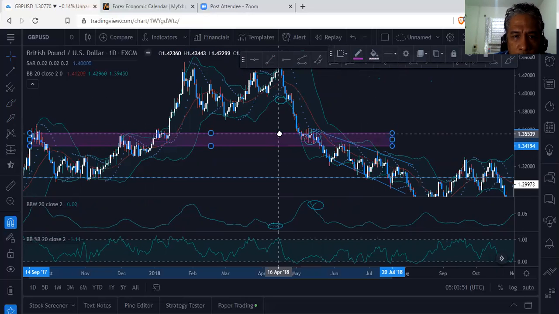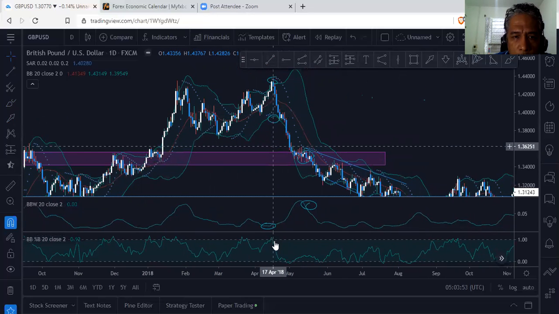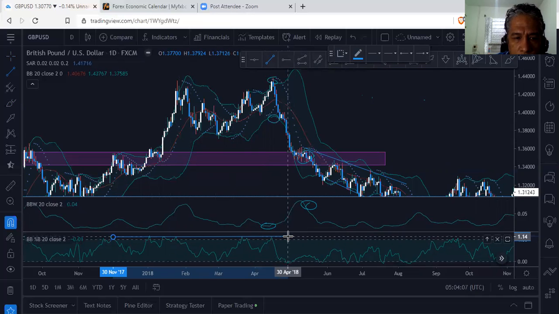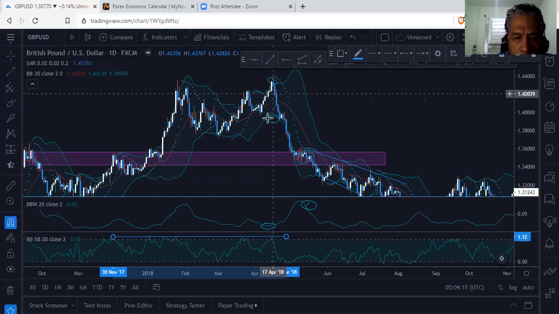Signal for selling, right? Look at that one. Selling. You can see it here. There was a divergence. So look at from here, 1, 2, 3, 1, 2, 3 touches, divergence. So this is really a good entry for short.